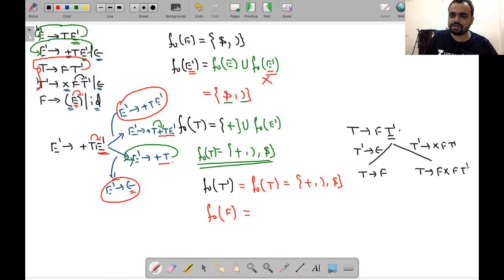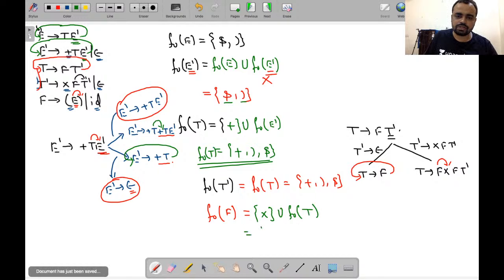So what we are getting from here? Here the follow of f is becoming the multiply, and here the follow of f is becoming the follow of t. So we can write over here the follow of f is equal to multiply union follow of t. So this is equivalent to the multiply and follow of t.